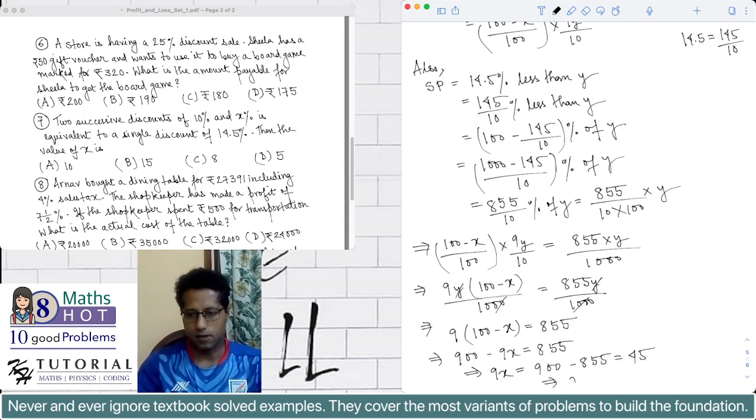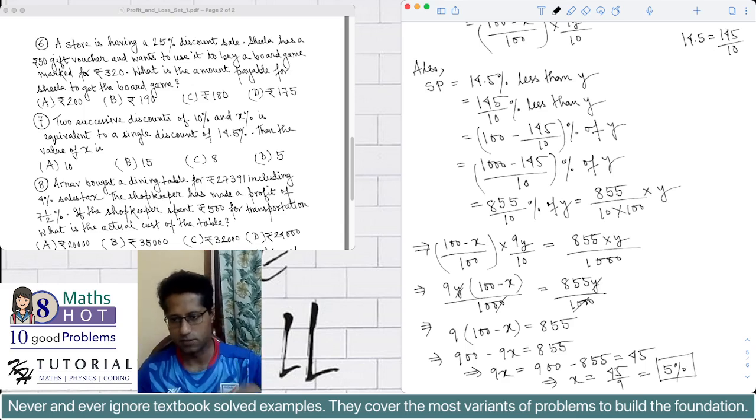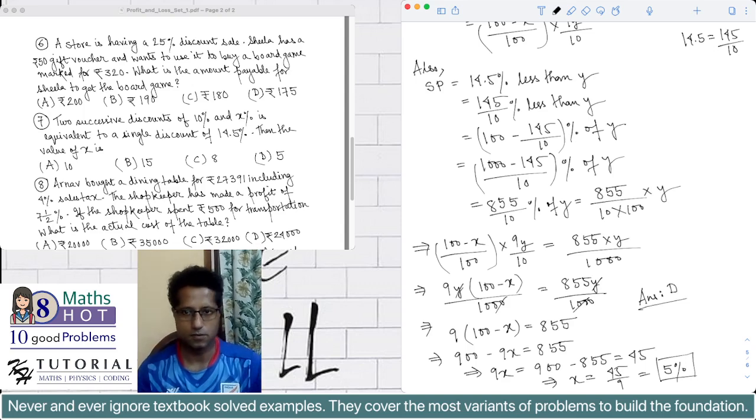This implies x is equal to 45 by 9, which is equal to 5. So x is 5%. X is not actually 5%, but x is actually 5. So the correct choice is D. D is the correct choice.